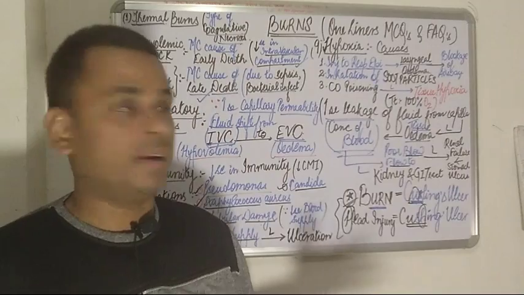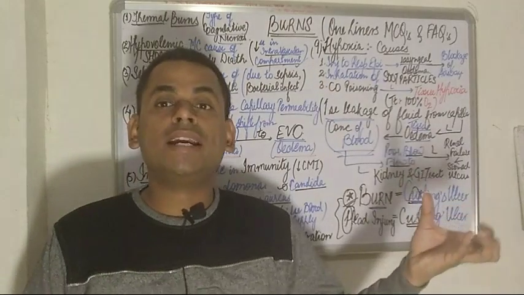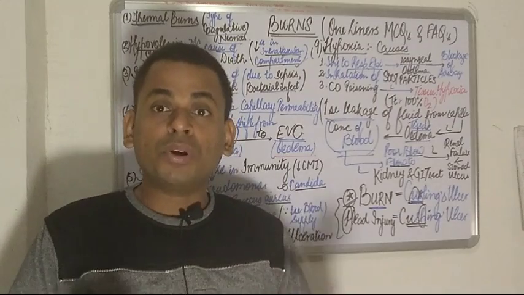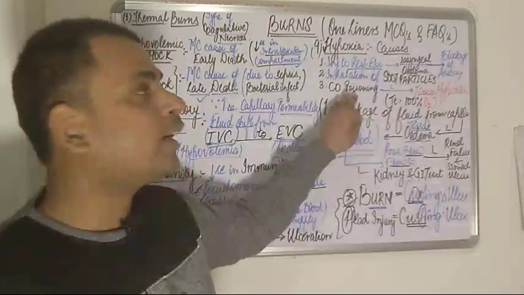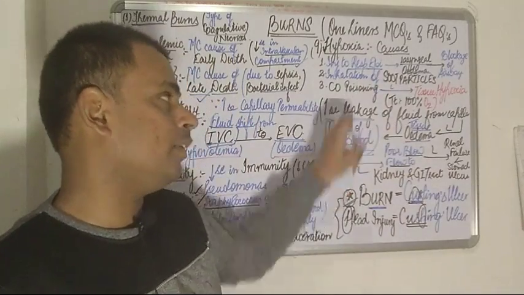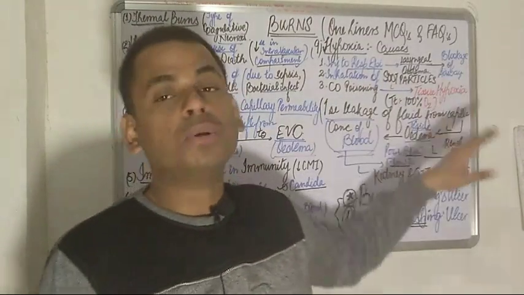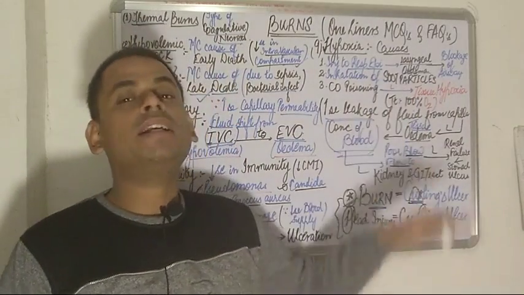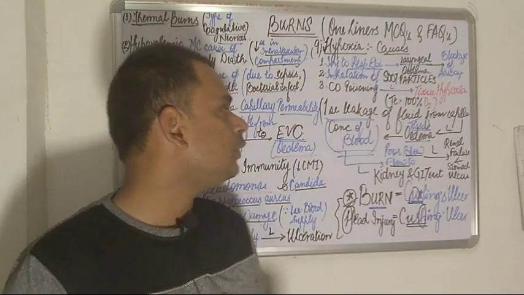So the carbon monoxide is going to bind to the hemoglobin of the blood more efficiently, that is 240 times greater affinity for the hemoglobin. That will ultimately lead to tissue hypoxia. Students, in such a condition, the treatment is administration of 100% oxygen.